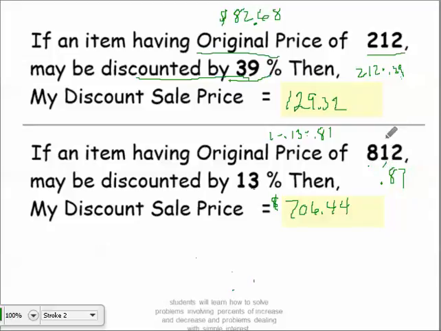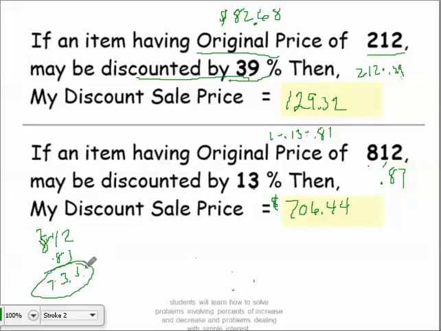If I subtract $81 from 812, that's about $731.